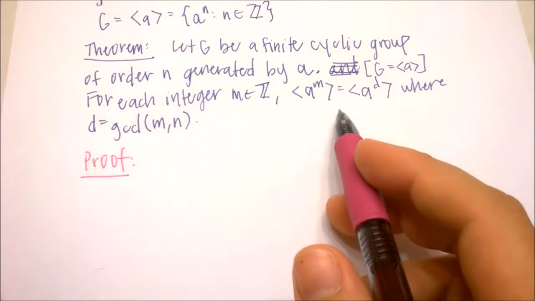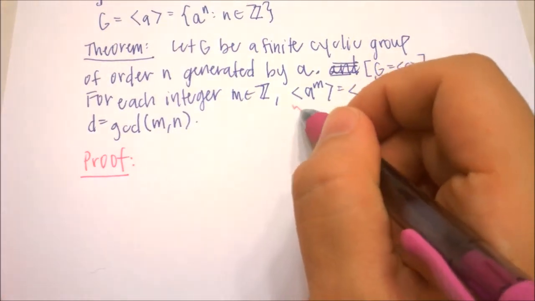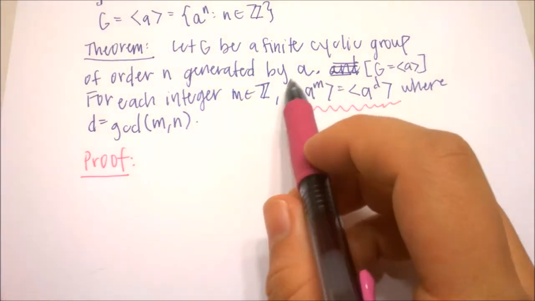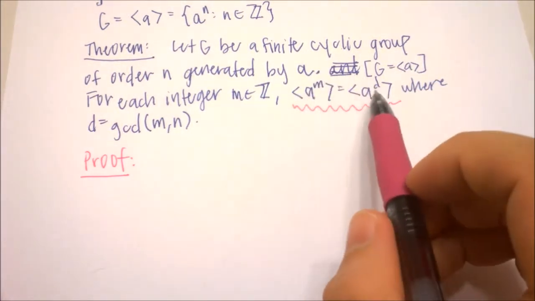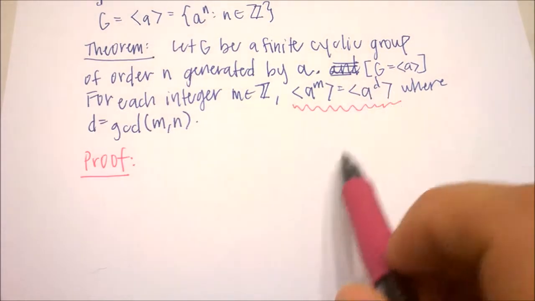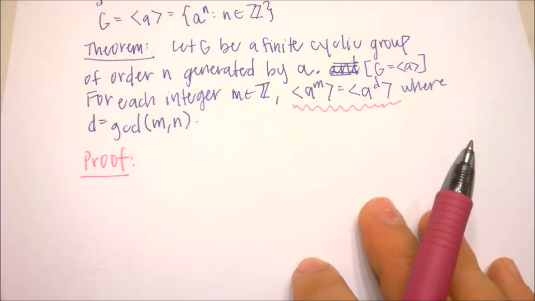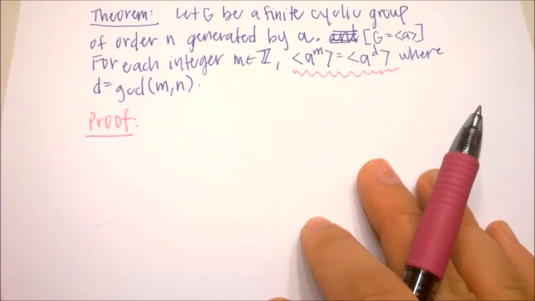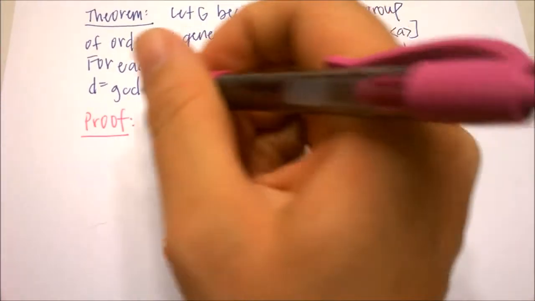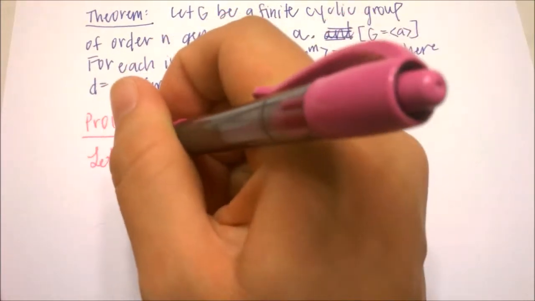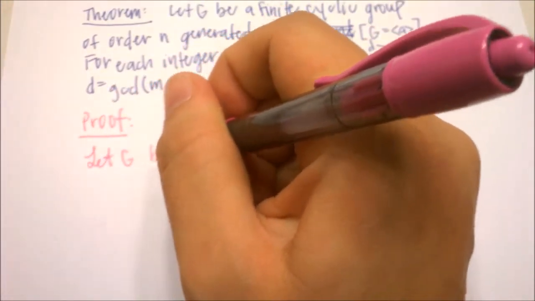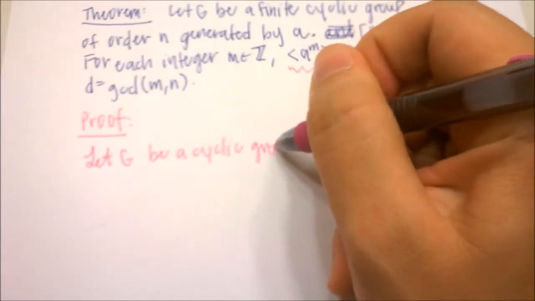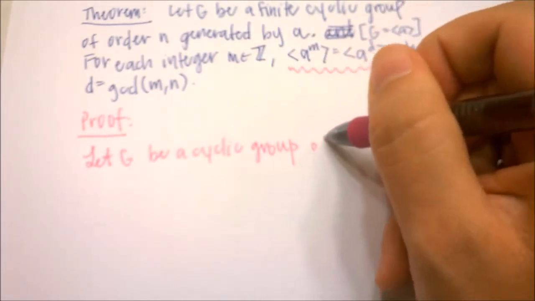Here, what jumped out at me is that we are trying to prove an equality. So we want to prove that the group generated by a^m is equal to the group generated by a^d. First and foremost, let's write down our knowns. We're going to let G be a cyclic group of order n.